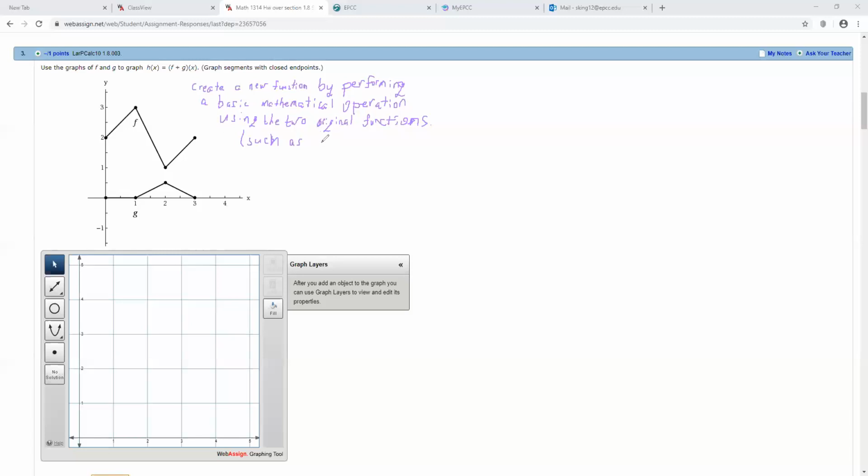And what would you guys think are the most basic mathematical operations that we tend to start learning when we're little with numbers, and then we start to do it with functions and so forth? What are the most basic mathematical operations?